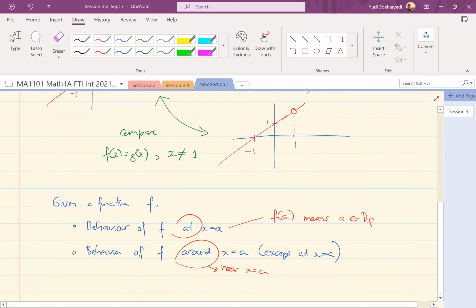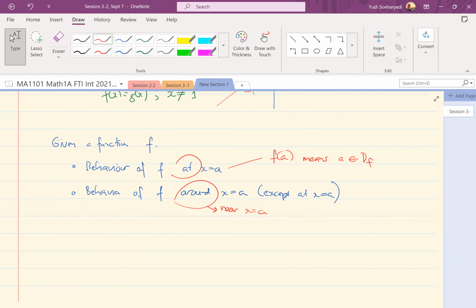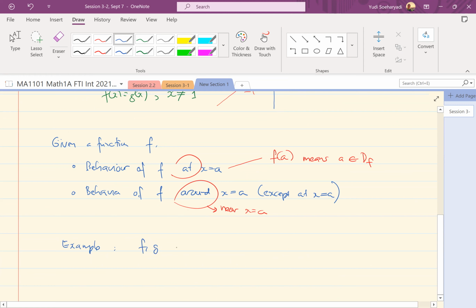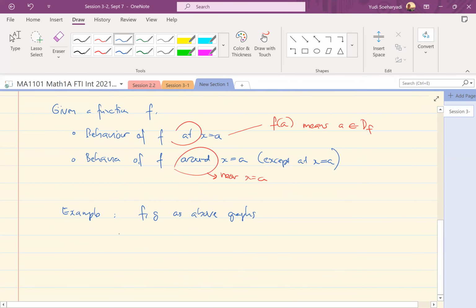Okay. Example. So f and g as above. What I call behavior of f at x equals 1 is f of 1 equals 2. Okay, but what about g?